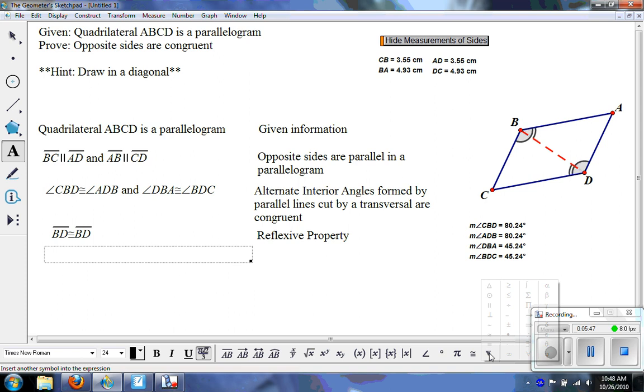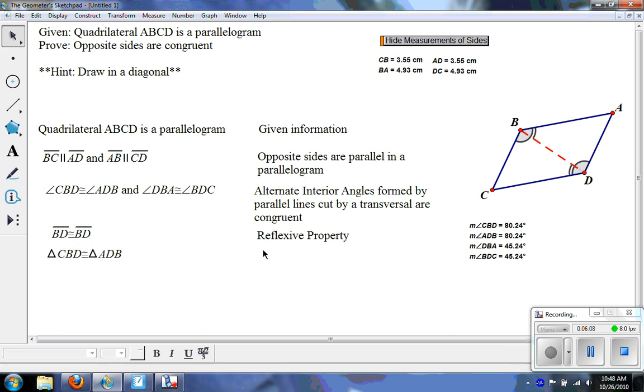So I know that triangle CBD is going to be congruent to triangle ADB.